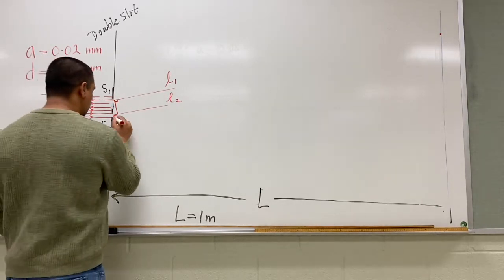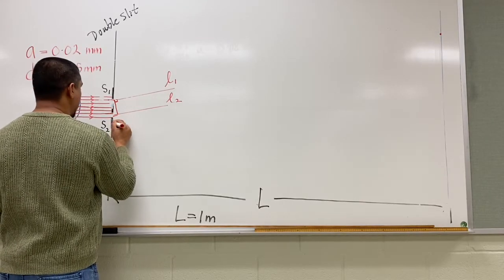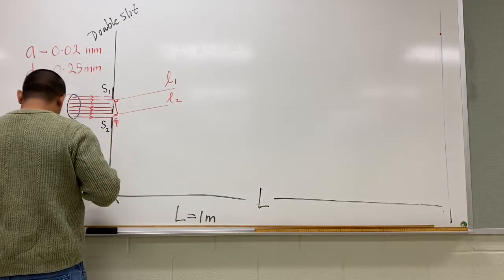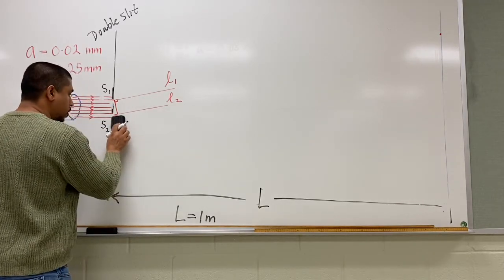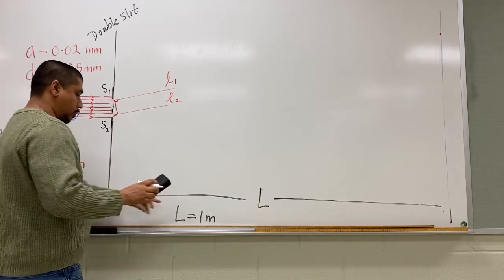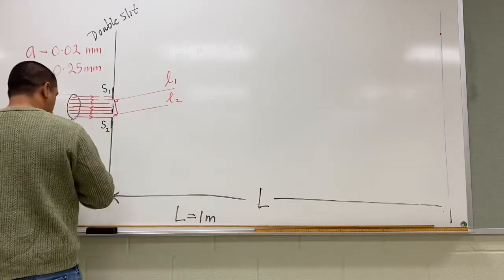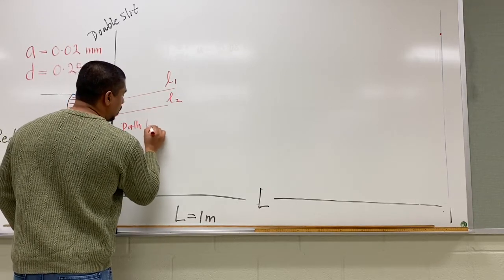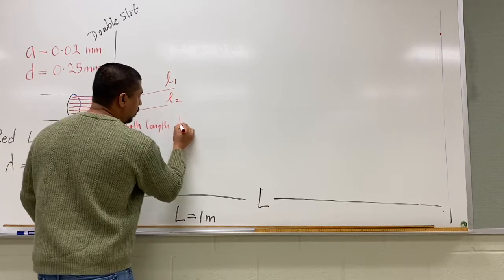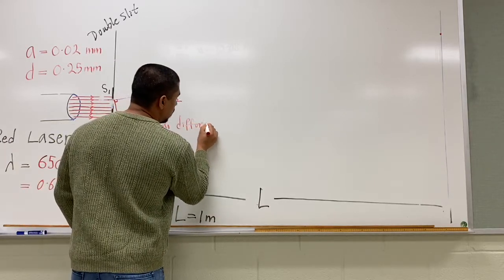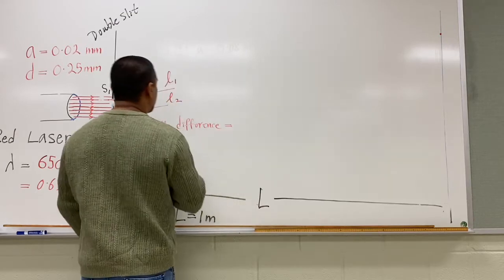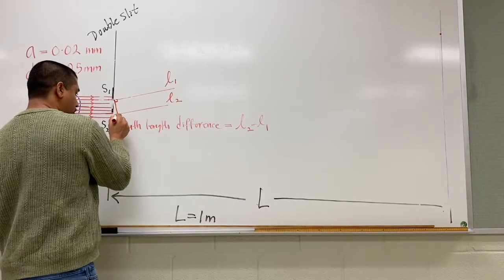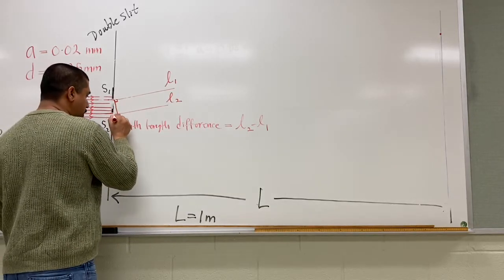Let's get a different letter because we already are using L here, so I'm going to call it path length difference equals L2 minus L1, which is this distance. For right now, let's call it X.